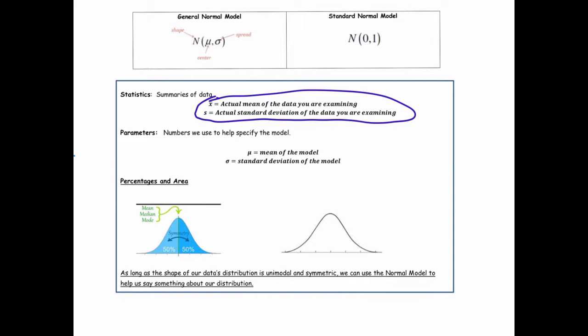A couple things to notice. One is that area under the normal model corresponds to percentages of the population that fall into certain ranges of the data. So I just want to note that this is going to add to 100%, because that's the entire histogram you're modeling. Okay, the entire histogram is everybody, so that's 100% of the people.